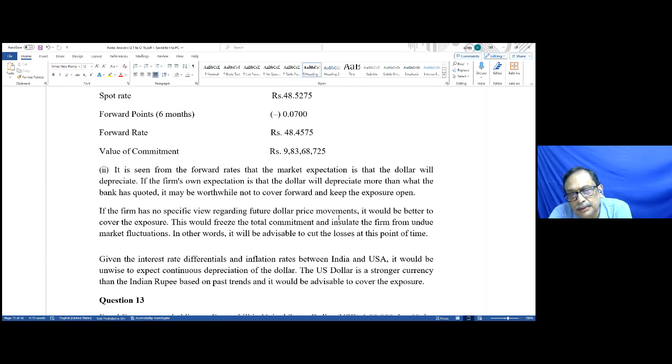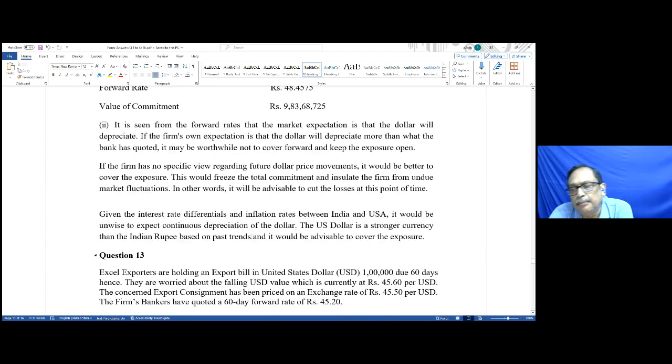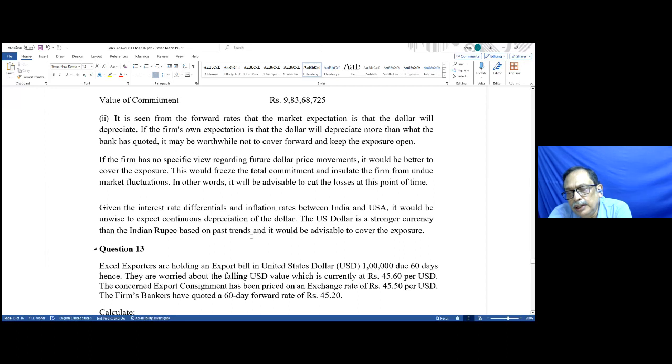If the firm has no specific view regarding future dollar price movements, it would be better to cover the exposure. This would freeze the total commitment and insulate the firm from undue market fluctuations. In other words, it will be advisable to cut the losses at this point of time.